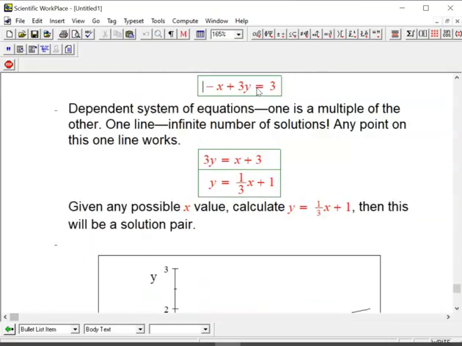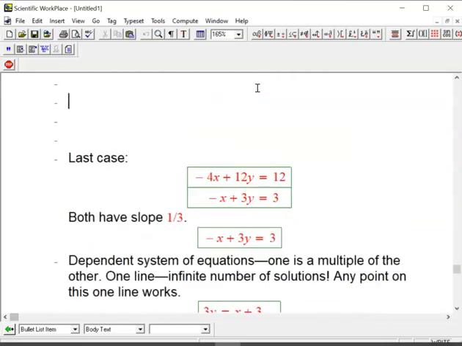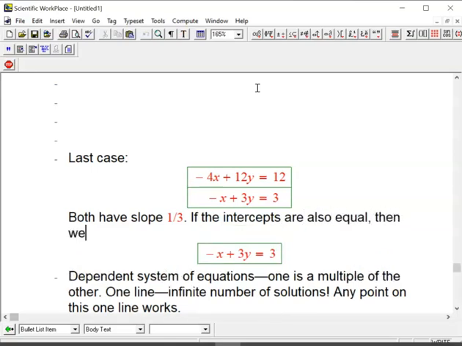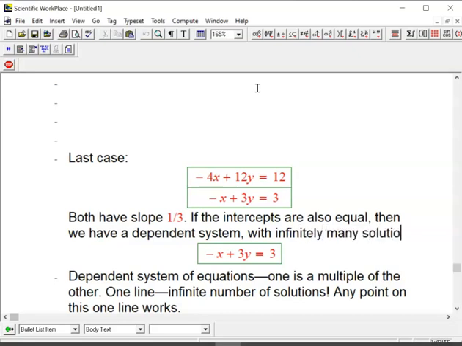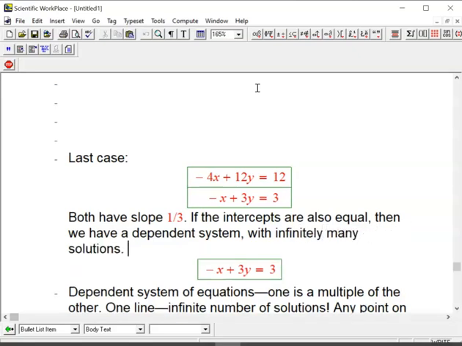You might want to say, wait a minute, what if the slopes and the intercepts are equal? If the intercepts are also equal, then we have a dependent system with infinitely many solutions.